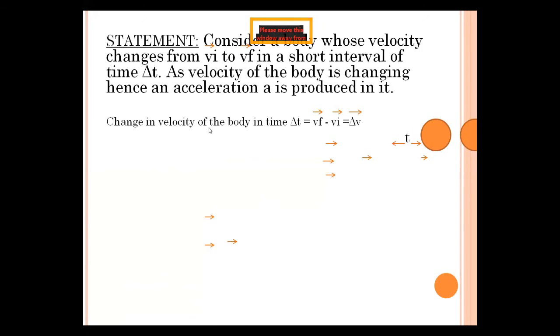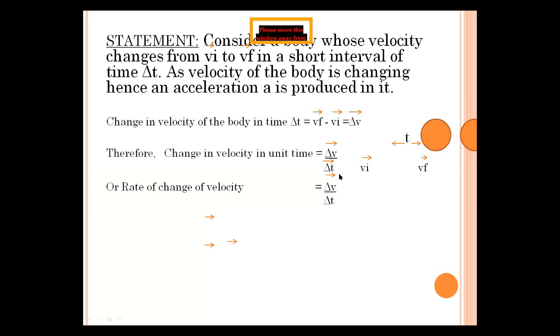Next, the change in velocity of the body in time delta t is equal to vf minus vi, and that is represented by delta v. Therefore, the change in velocity in unit time is equal to delta v over delta t. The rate of change of velocity can be represented by delta v over delta t.